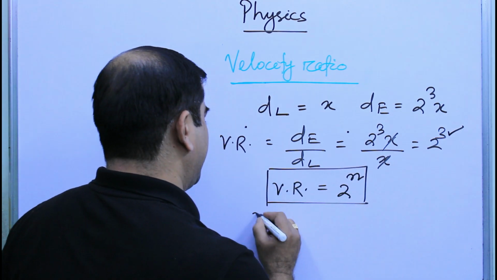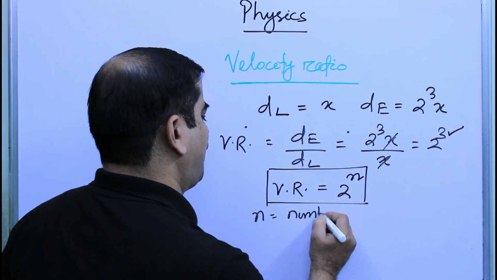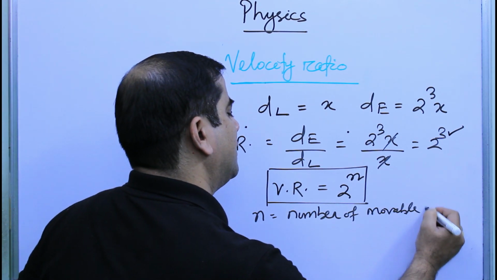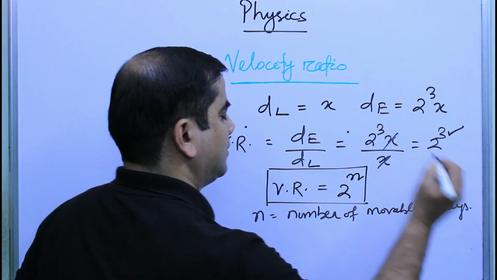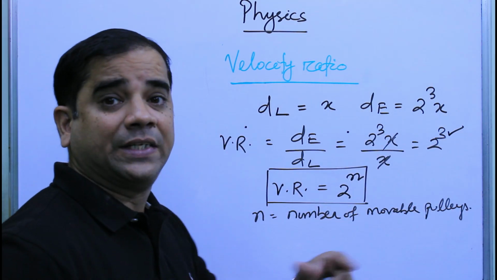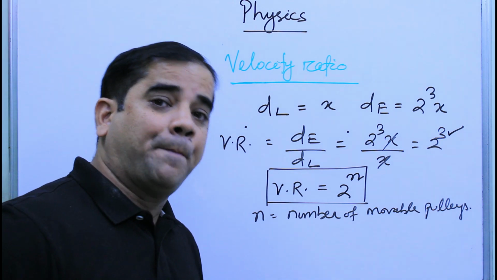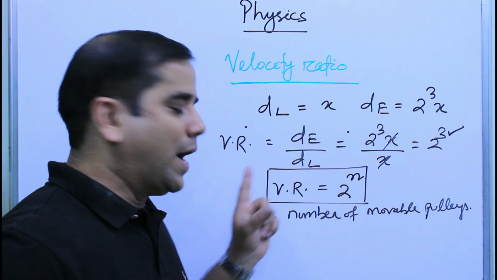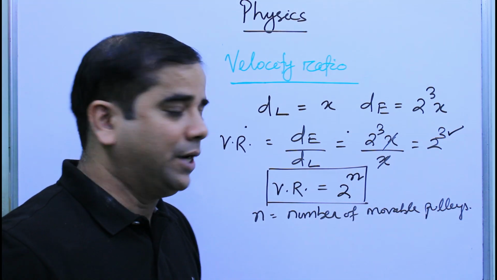Again, what is n? Number of movable pulleys. Okay. So velocity ratio of a system of pulleys having a number of pulleys attached to a fixed pulley is 2 to the power n, where n is the number of movable pulleys.